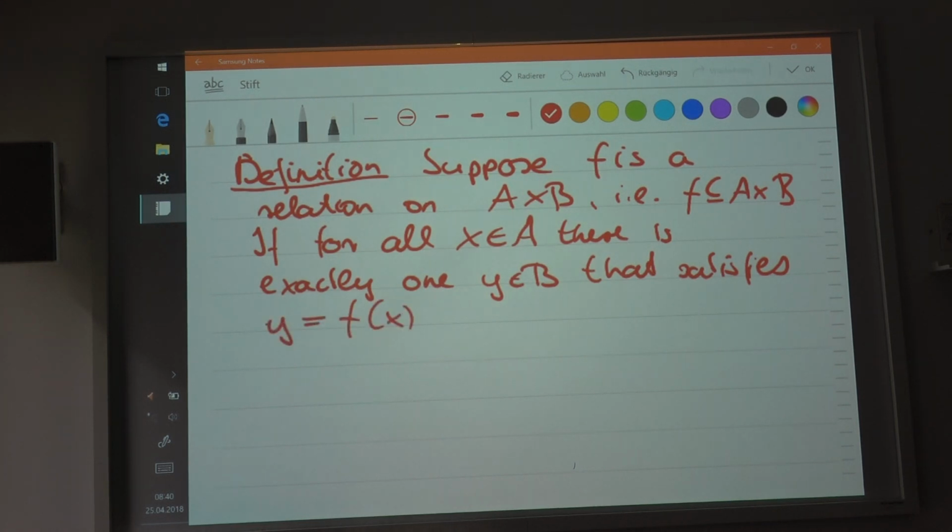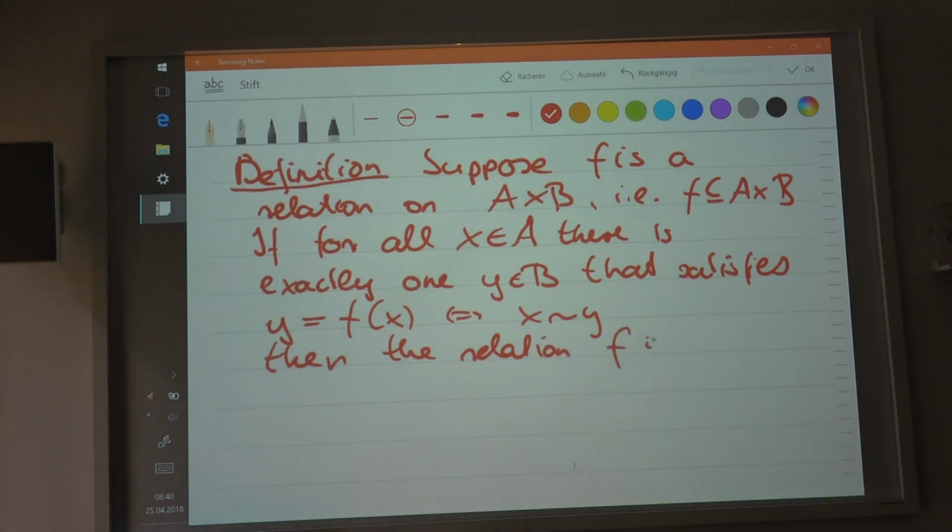So that means that in this case, x relates to y. If only exactly one y relates to x, then the relation f is called a function, and that is actually the notation we use. This is actually the definition here, and for that we just write like this.